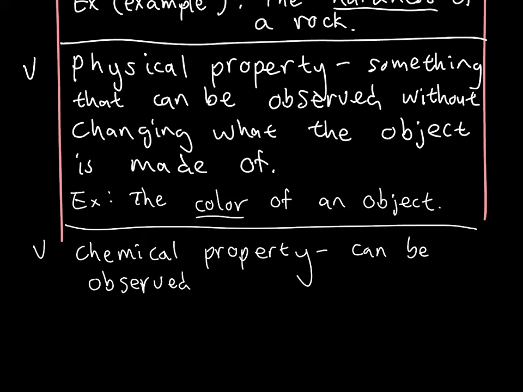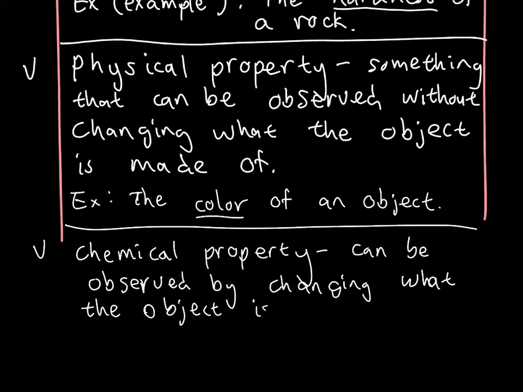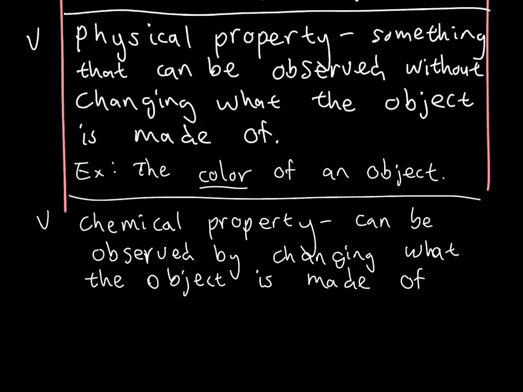This is an R. It can be observed by changing what the object is made out of. So it's pretty much the opposite of physical property.